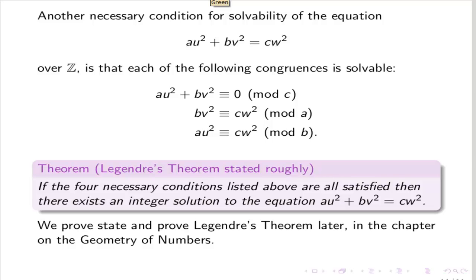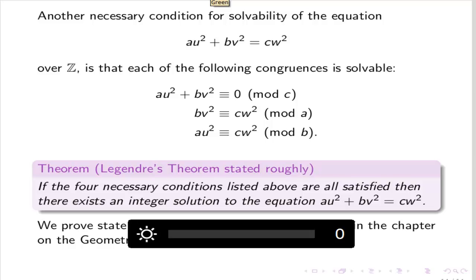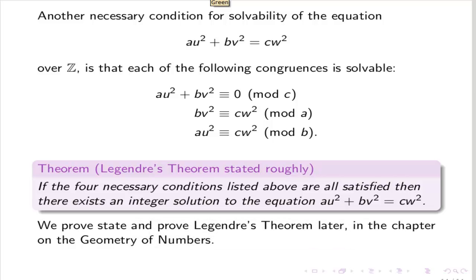We will in fact state the theorem and prove it more precisely later on in the chapter on the geometry of numbers. But for now I just want to point out that this theorem gives us a condition on when a conic section is going to contain at least one rational point.